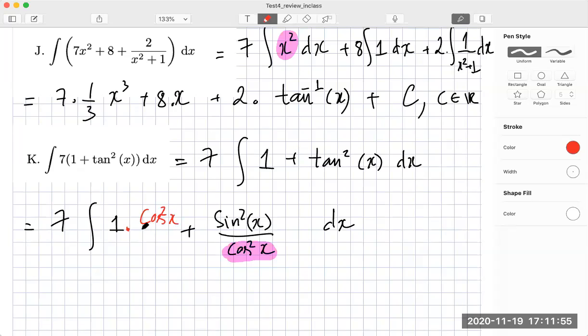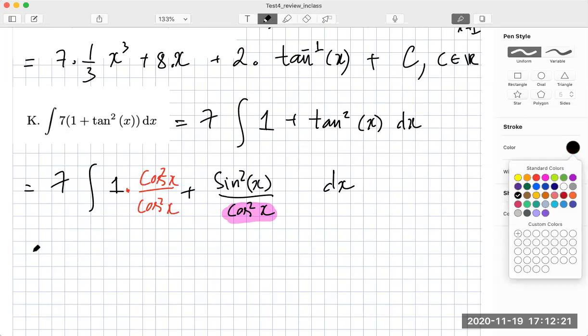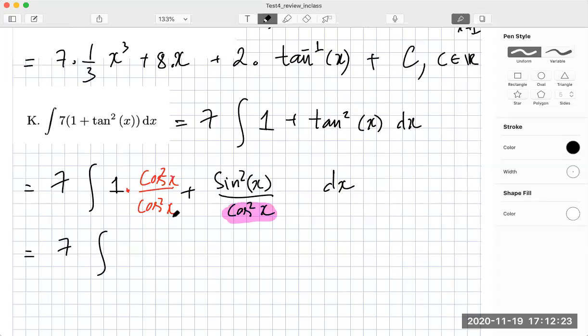If we separate it, it is really hard because we don't have a formula of antiderivative of tangent square, right? But if we do it this way, cosine square, then they have the same denominator, right? So we can add them up. It would be cosine square plus sine square, right?